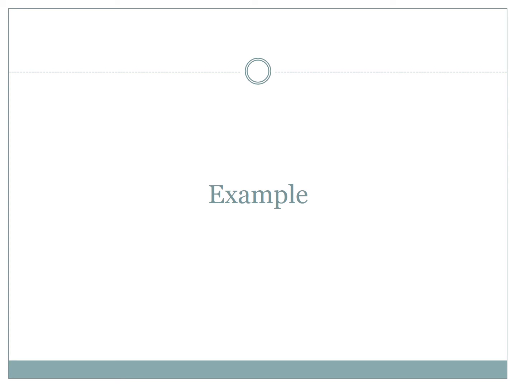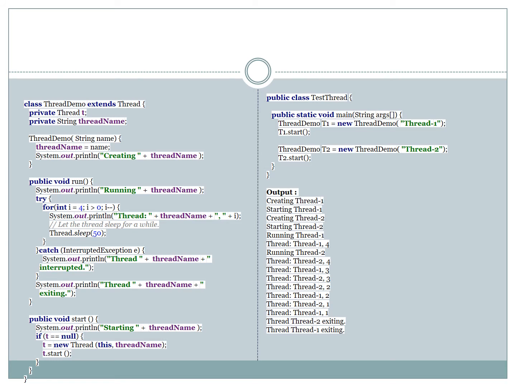An example of creating a thread by extending the Thread class is, in this example we have two classes. One is ThreadDemo and another is TestThread. TestThread is our main class and ThreadDemo will be extending the Thread class. ThreadDemo will be overriding the run and the start method from the Thread class. And once the main method of the TestThread class is called, thread 1 and thread 2 will be created.